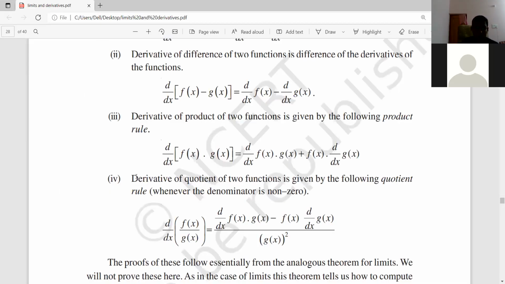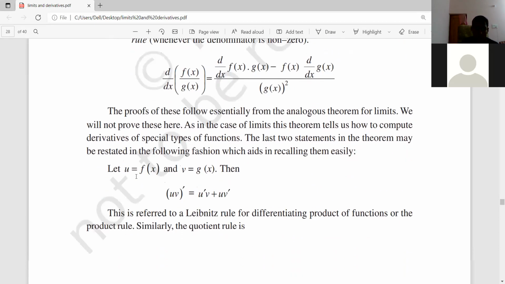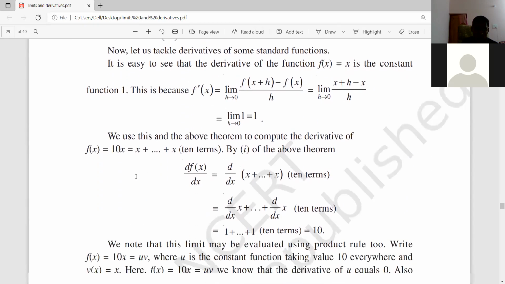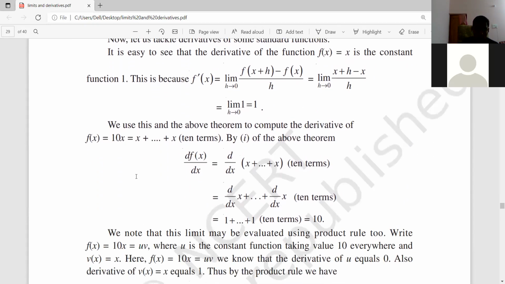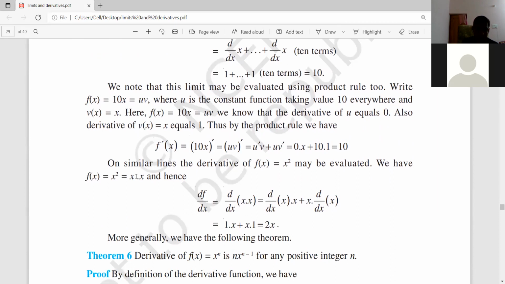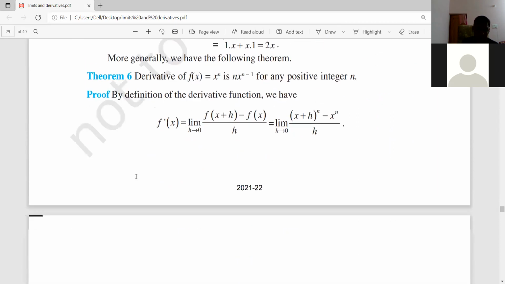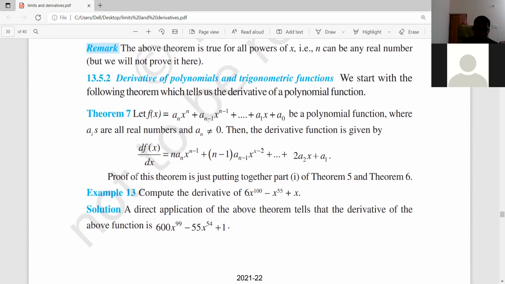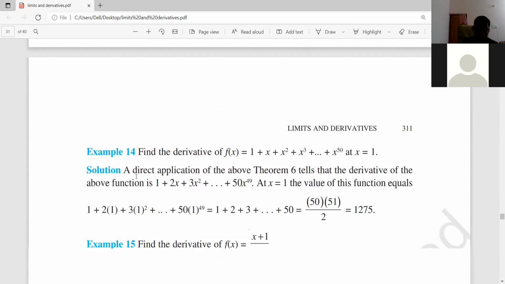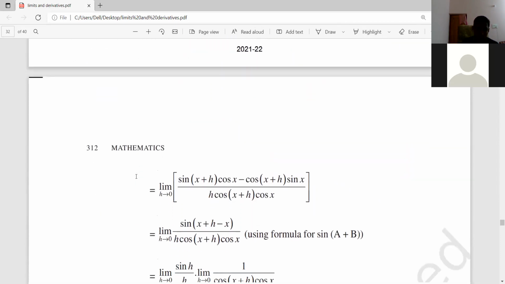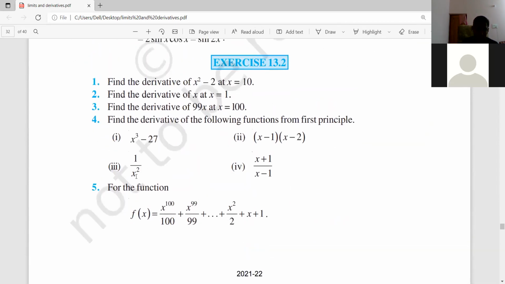So this formula, quotient rule we have one. Okay, polynomial and trigonometric functions, everything, these proofs are there.